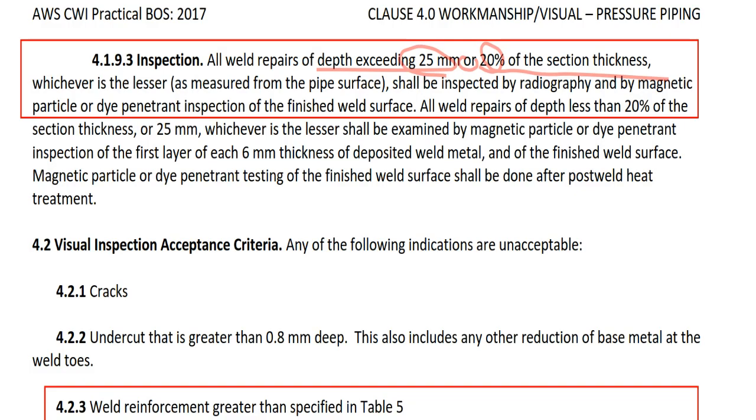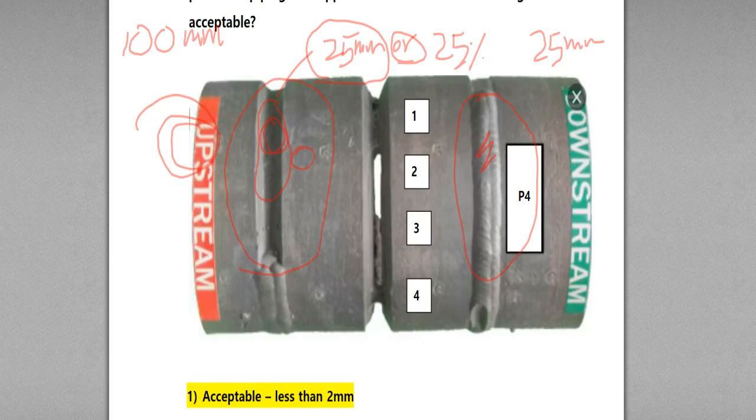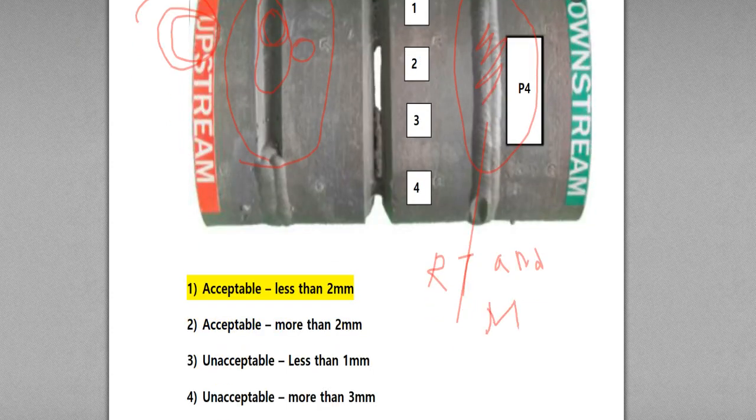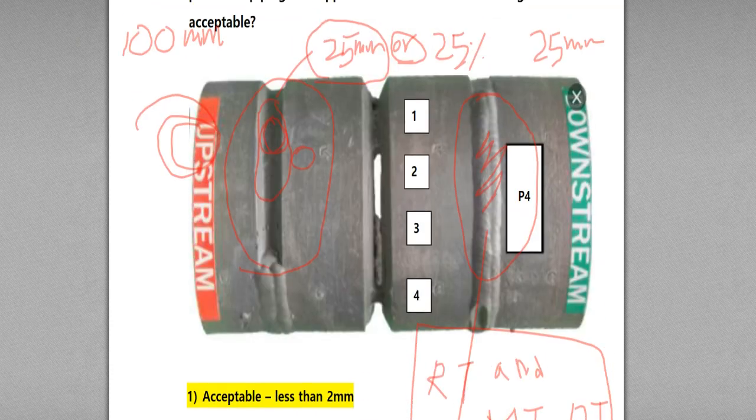Here it says by radiography and by magnetic particle or dye penetrant inspection of the finished weld surface. So here you do RT and MT or PT. This is the answer to the actual question.